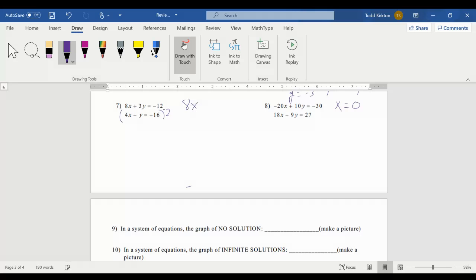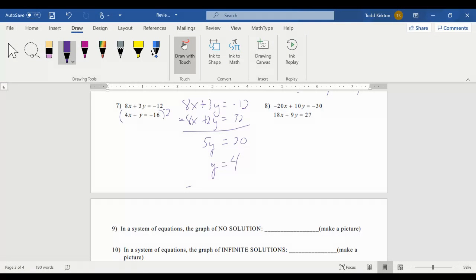So I have 8x plus 3y equals -12. -8x plus 2y equals 32. So I get 5y equals 20, y equals 4. Same answer we got the other way. If you like elimination, do it twice. Key is to get the right answer. It doesn't matter which method you're better at. You just got to be able to pick.